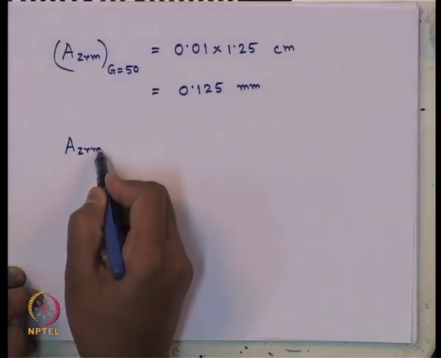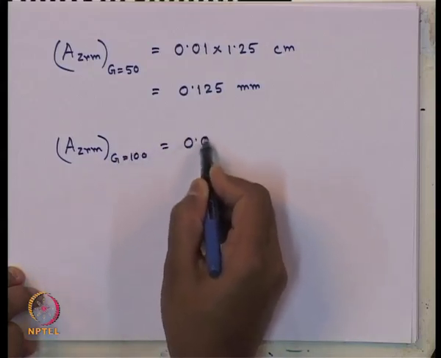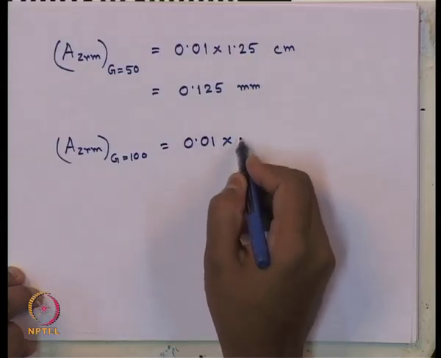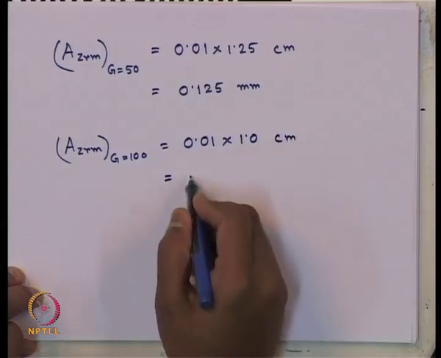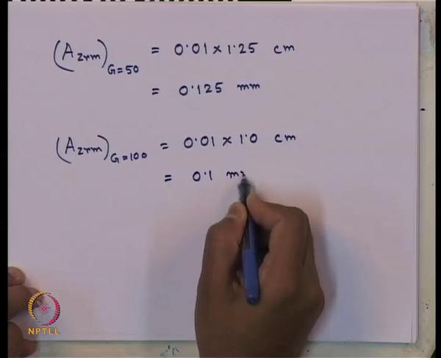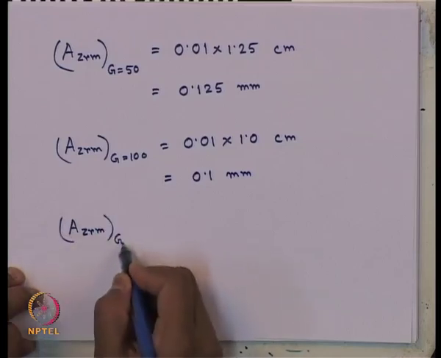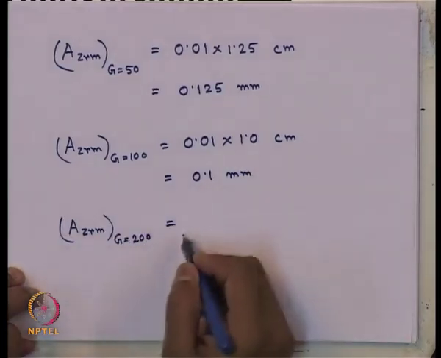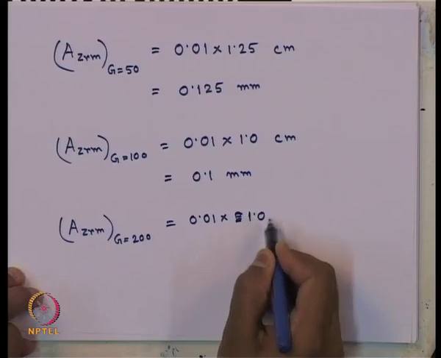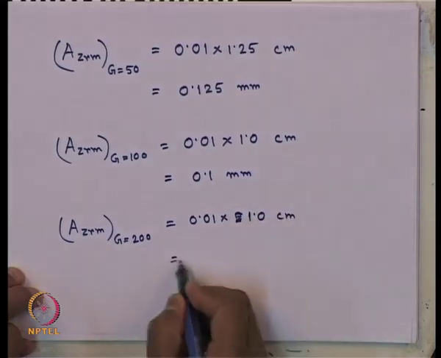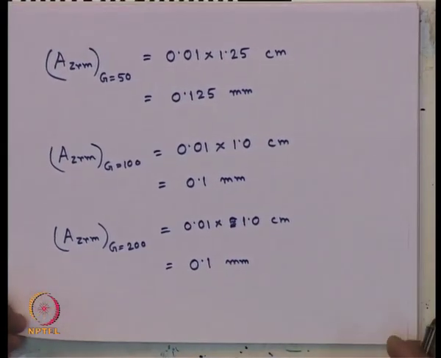Similarly, for the other two types of soil, AZRM with G equals to 100: 0.01 into the factor MRM we read as 1, so it is 0.1 millimeter, and it remains the same for G equals to 200 also, because this factor remains the same. So, 0.1 millimeter. These are the displacement amplitudes at resonance condition.